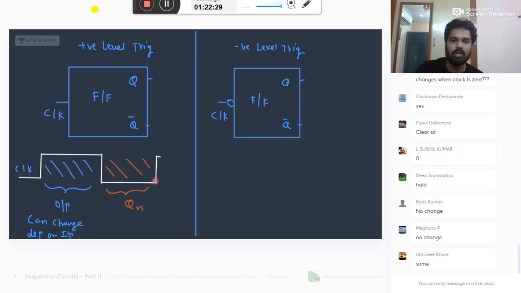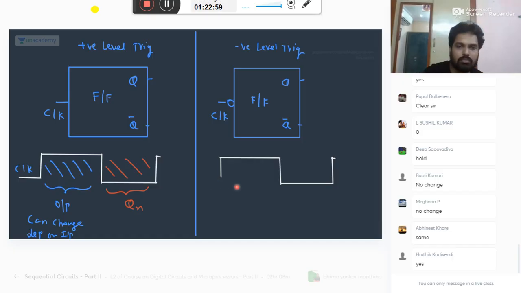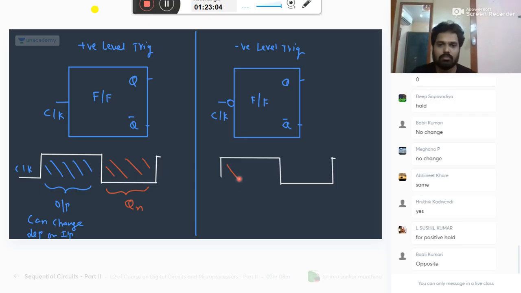Similarly, you can have one inverter for the clock, then here, no change.